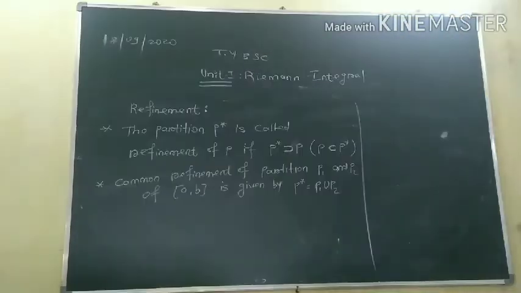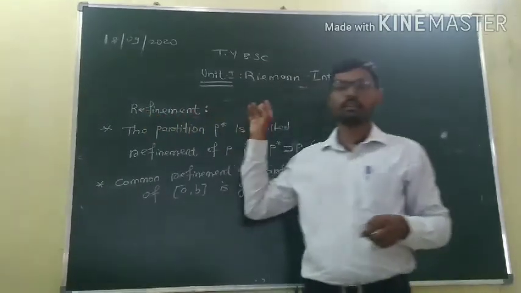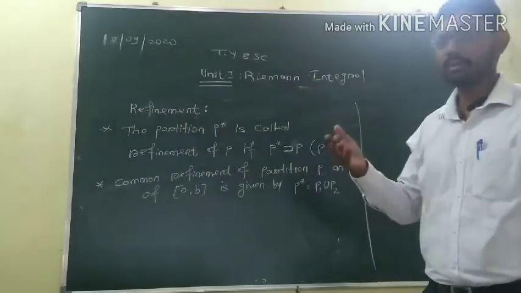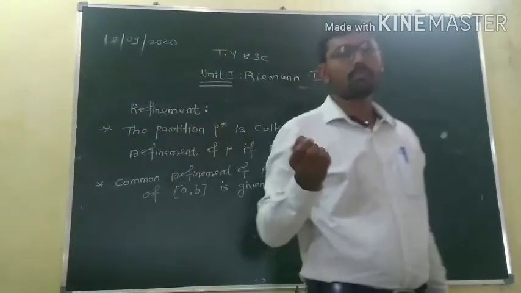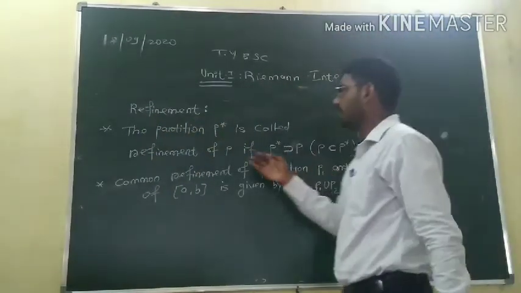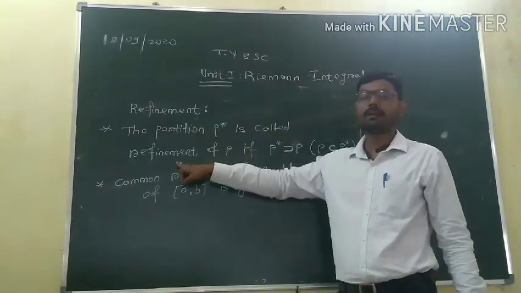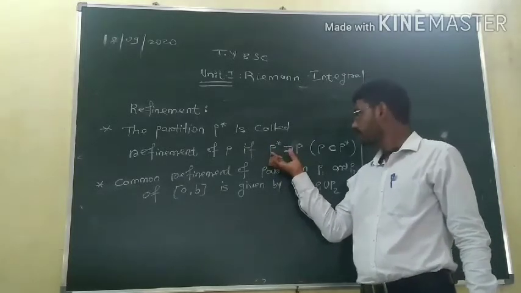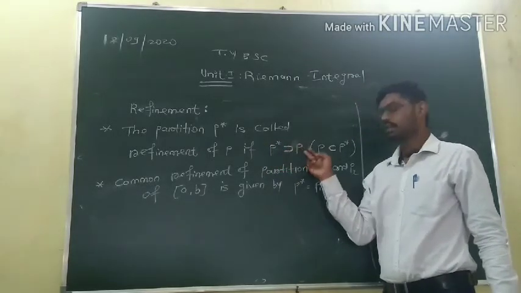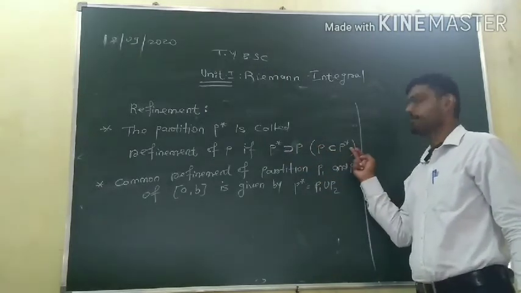So friends, the next term is refinement. What is a refinement? It is adding something new to the original partition. The definition is: the partition P star, which is a new partition, is called a refinement of P if P star contains the original partition P. That is, P is contained in P star.